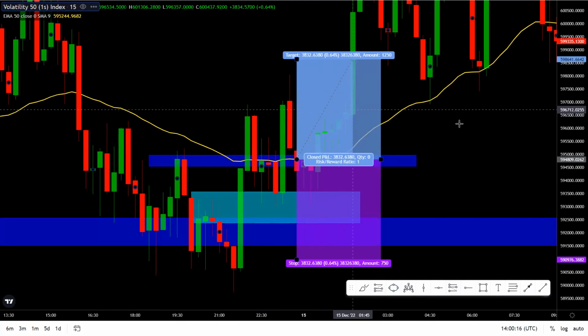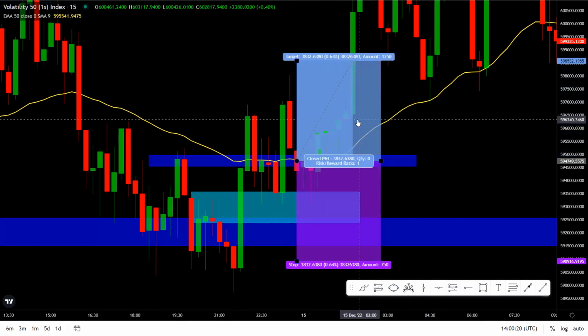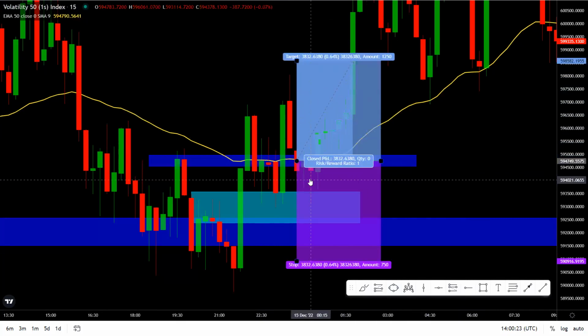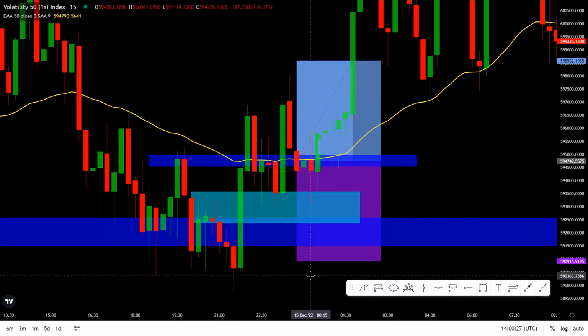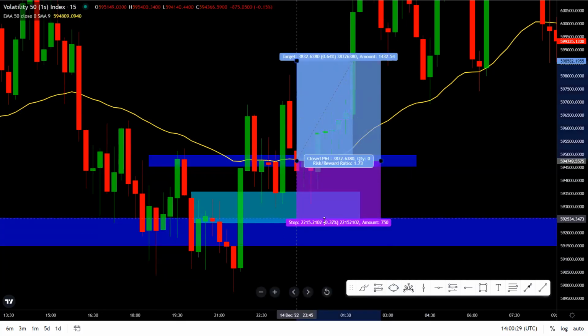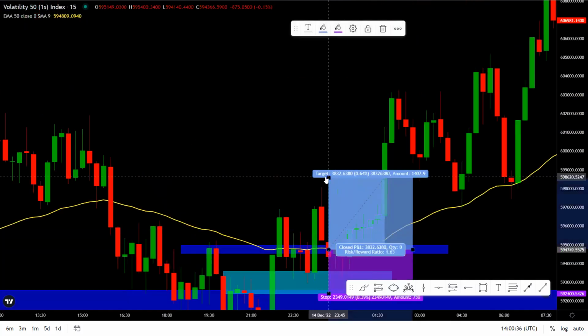So I had my entry for longs somewhere at the close of this 15 minutes rejection candlestick. Then I add a tight stop loss on this, with my TP targets for 1 to 3.